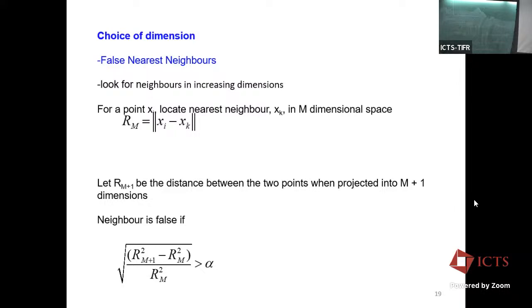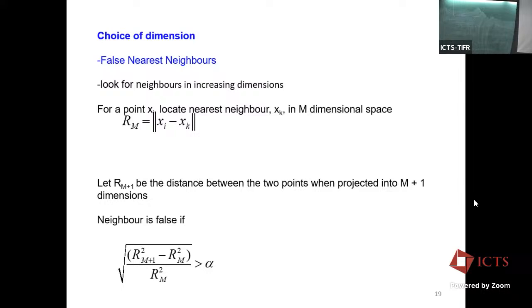You take the distance between two points, let us say these two points, xi and xk. Now you go to the third dimension. Suppose the actual trajectory requires a third dimension. Then these two points i and k need not keep the same distance, because now they are resolved in the third direction. So the distance will increase.